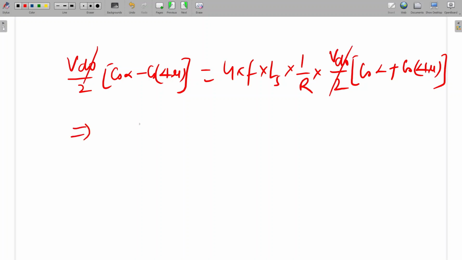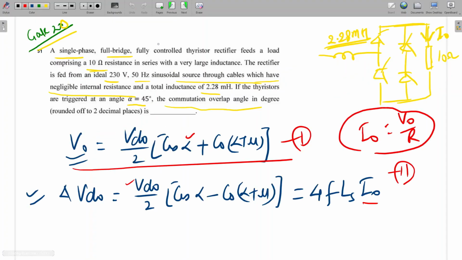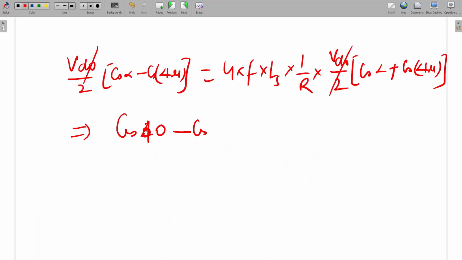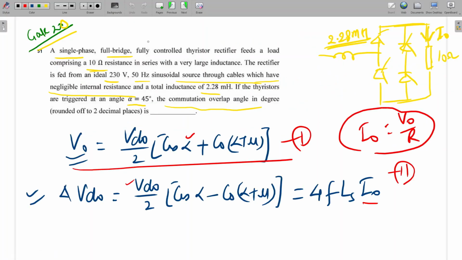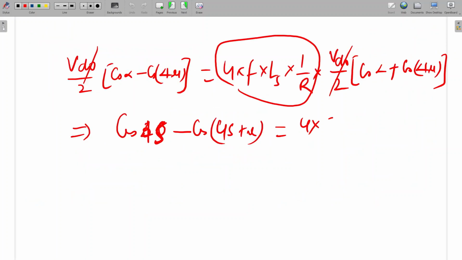Okay. So what will be the value? Cos of, alpha is how much? 30 only? No, 45. Cos 45 minus cos of 45 plus mu is equal to how much will be this value? 4 into 50 into 2.28 milli, 2.28 milli divided by 10.